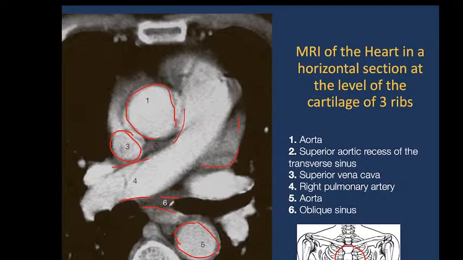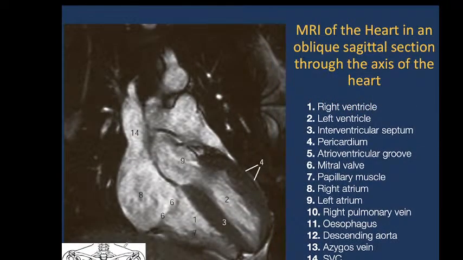It is located below the heart, between the vertebral column. And another MRI projection, this is the oblique sagittal section, which is shown here.